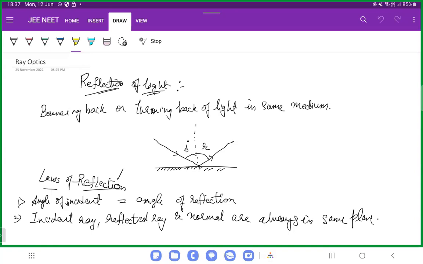So first, we should know reflection of light. That is, as you said, correct, the bouncing back or turning back of light, provided it is in the same medium.